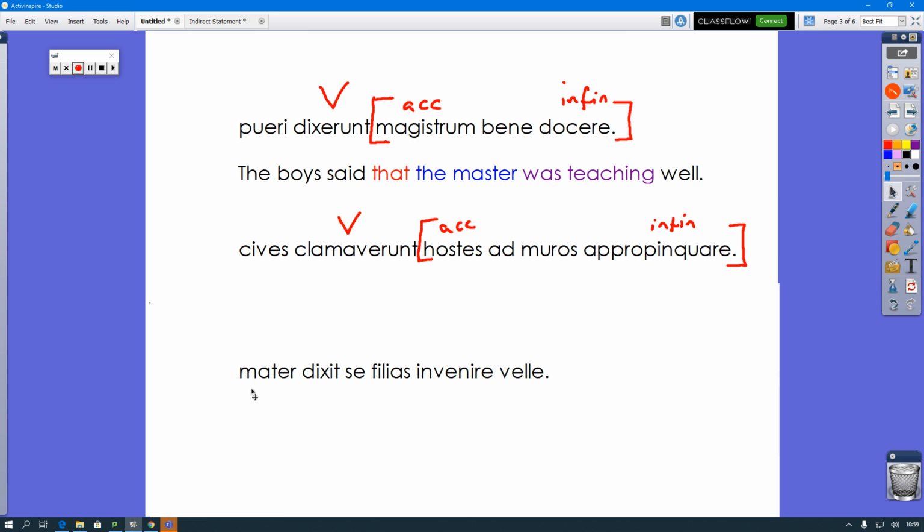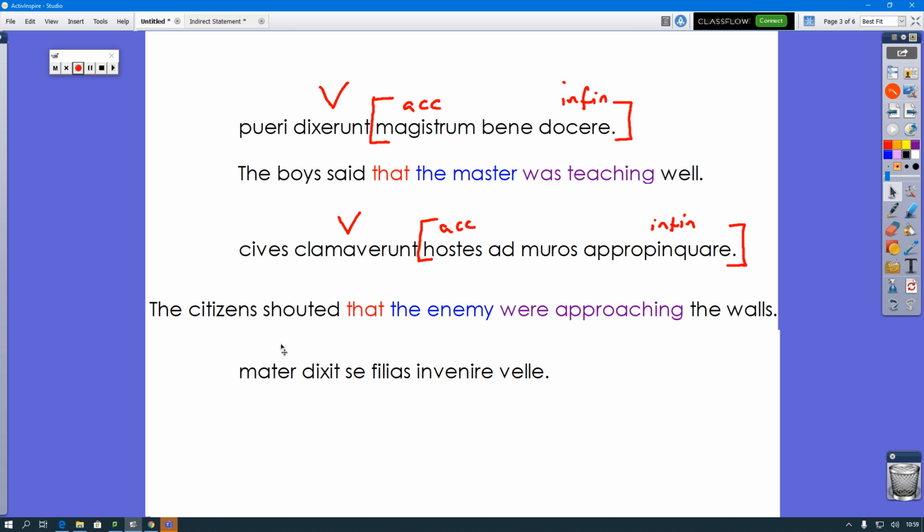The citizens shouted that, accusative, the enemy, infinitive, were approaching ad muros, the walls. Why have I got a present infinitive? Because what they actually shouted was, the enemy are approaching the walls, in the present tense.